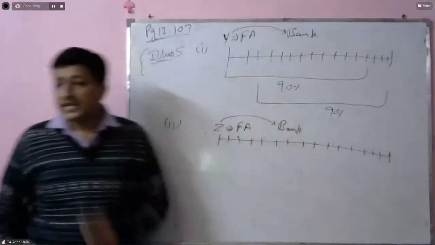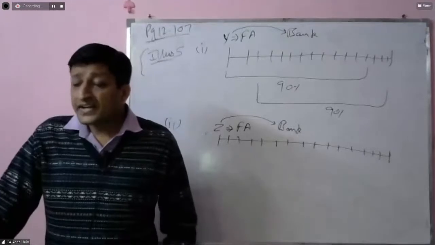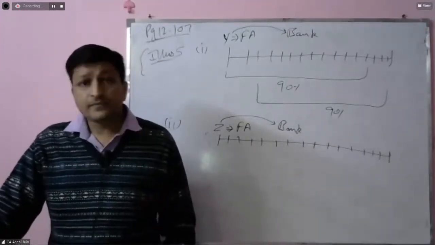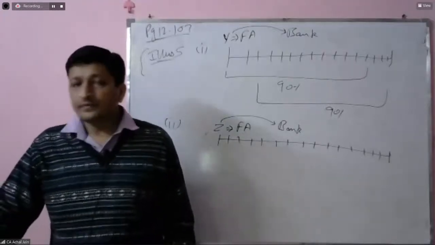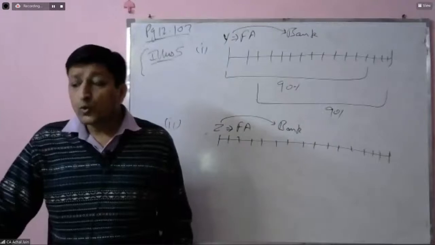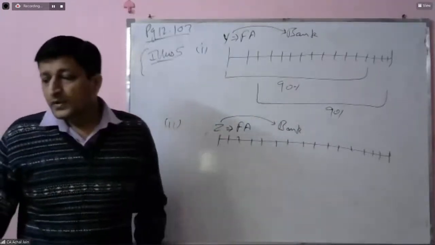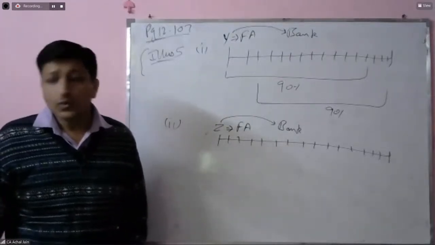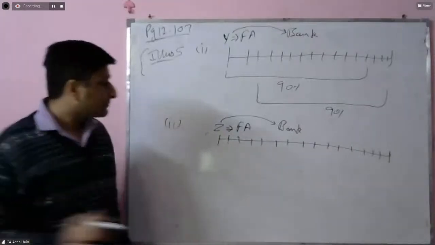Entity Z transfers the right to 90% of the cash flows from a group of receivables, but provides a guarantee to compensate the buyer. Who's the buyer? Bank is the buyer. For any credit losses up to 8% of the principal amount of receivables.